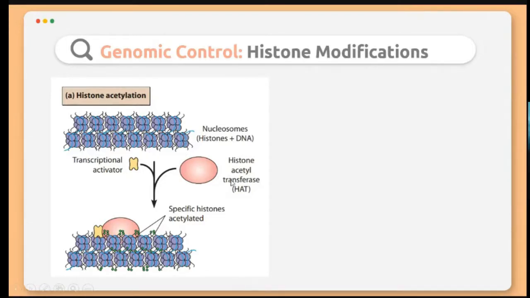In histone acetylation, a histone acetyl transferase called HAT, an enzyme, ina-acetylate niya yung histone. And kapag na-acetylate niya yung histone, it also allows transcriptional activators to bind to those areas or regions of the nucleosomes na merong acetylation. So therefore, acetylation, yung pinaka nangyayari ay turning on ng gene. So kapag nag-acetylate ka, matuturn on yung gene, ma-express yung gene.